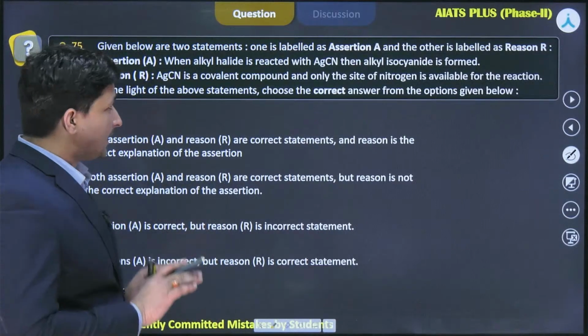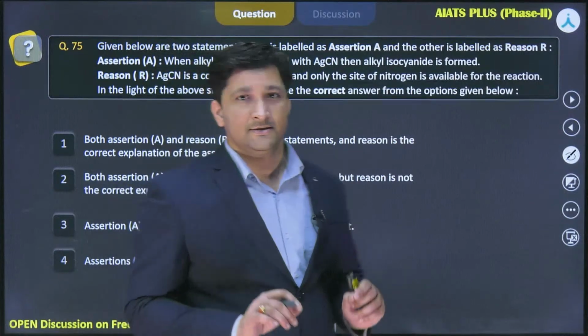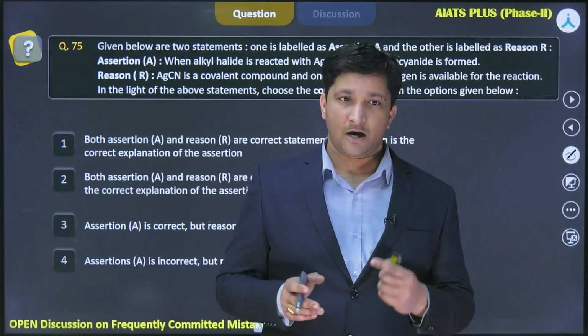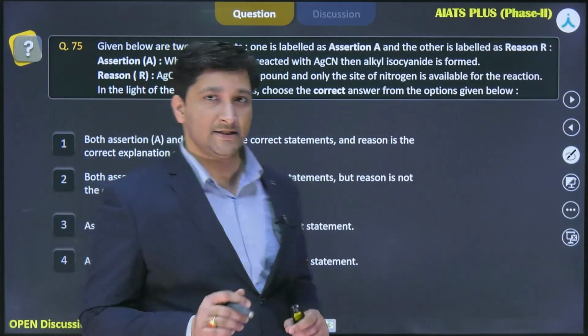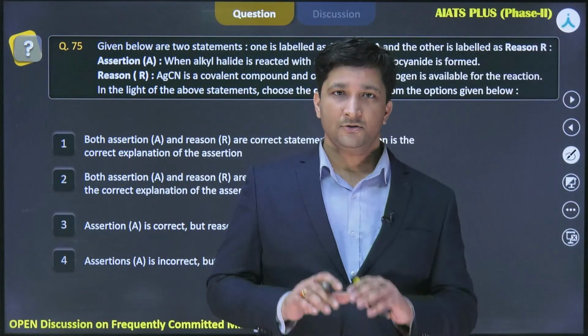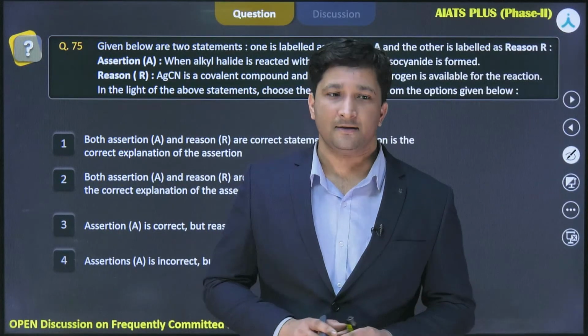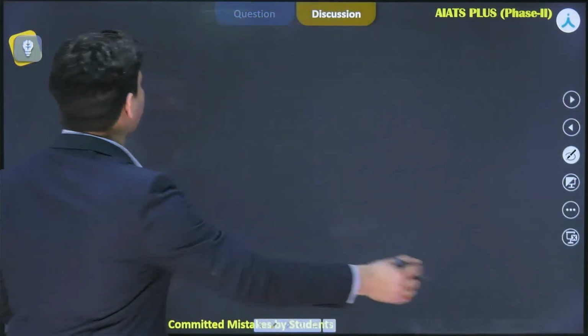Now to solve this, you have to be aware of the nature of the carbon halogen bond. Why is the C-X bond polar, how does it react, and the CN reagent is acting as a nucleophile here. So you all should be aware of the mechanism of the nucleophilic reaction. We are going to discuss first the nature of the RX bond.